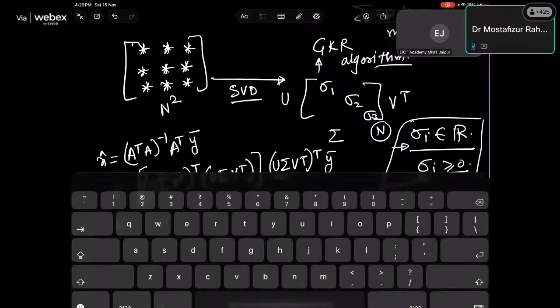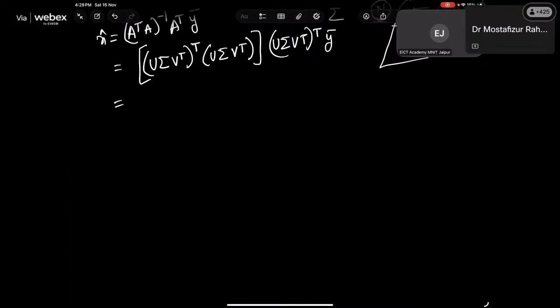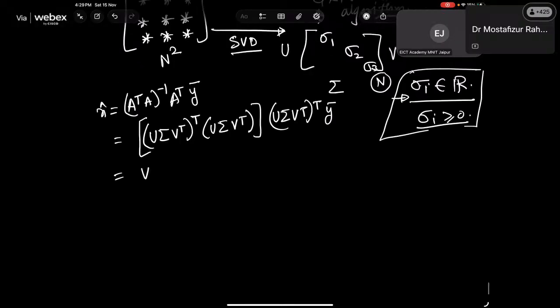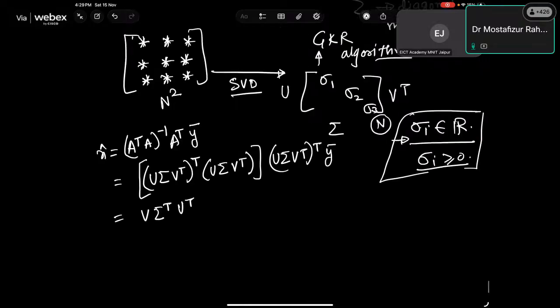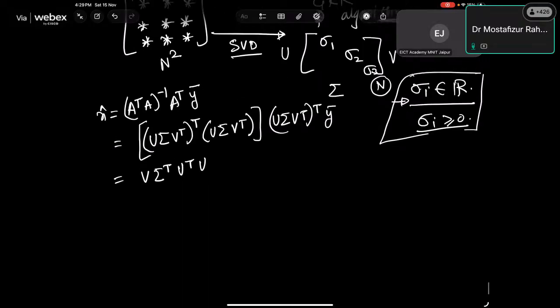So V transpose whole transpose will become V, right? And then sigma transpose, and then U transpose. And this becomes U sigma and then V transpose. So this is the first part, and this part will become V sigma transpose and U transpose and Y bar, right?